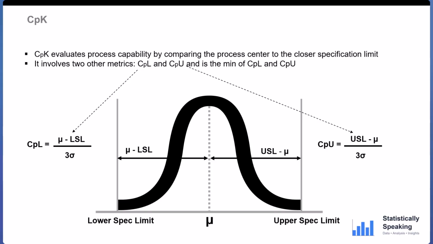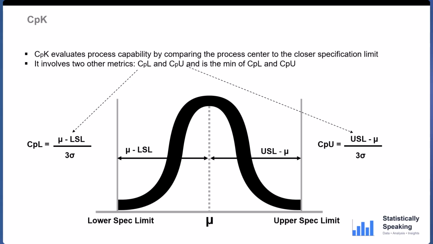If it's less than 1, if you look at these formulas, if this ratio ends up being less than 1, it means that some of your process data points are outside these specification limits. So anything above 1 is considered a capable process, right?